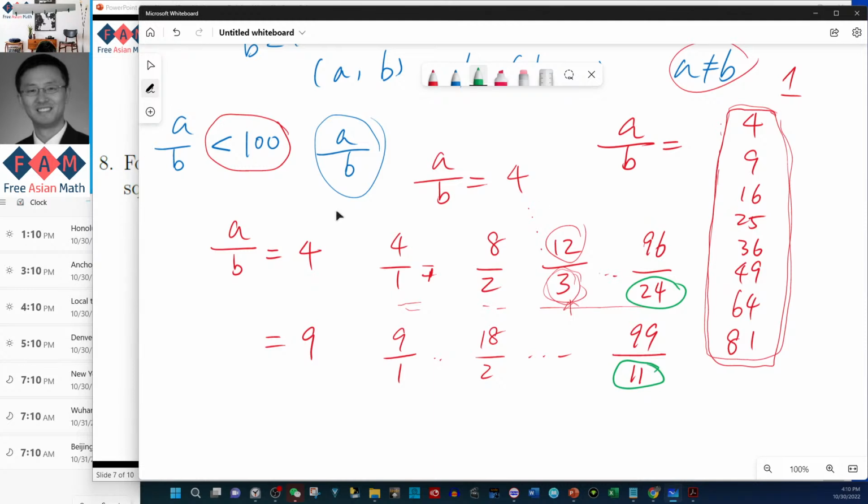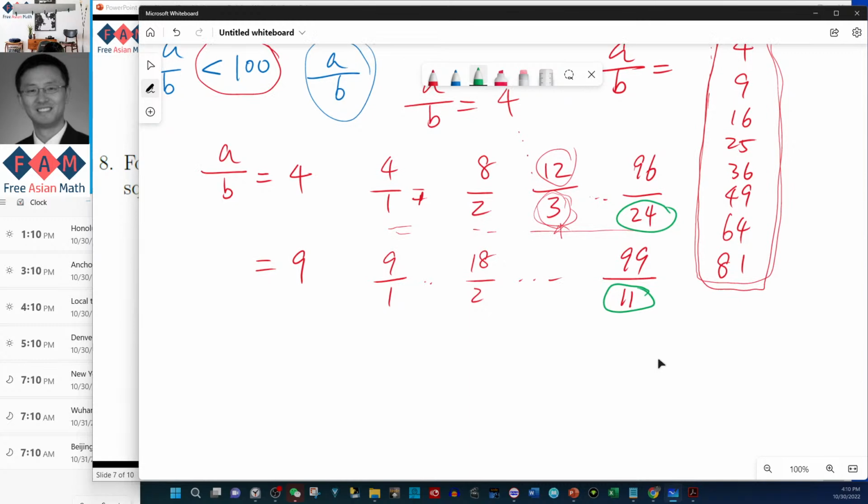So this will continue. You can easily see the next will be even easier, because now you very quickly arrive at 6. 6 times 16 is 96. If you get one bigger, that will be over.